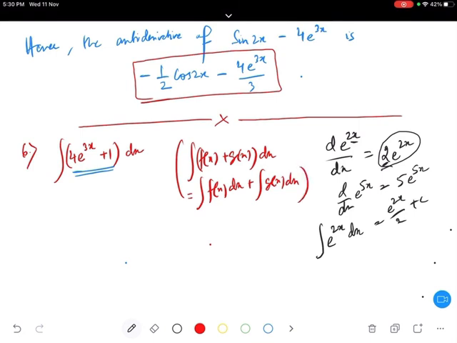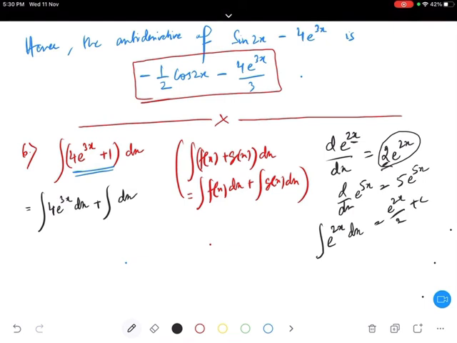This property we have learned, we can separate them. So since we see a plus sign, I will separate them. So I will write integration of 4 e to the power 3x dx plus integration of dx, because it's 1. There is no need of writing that.